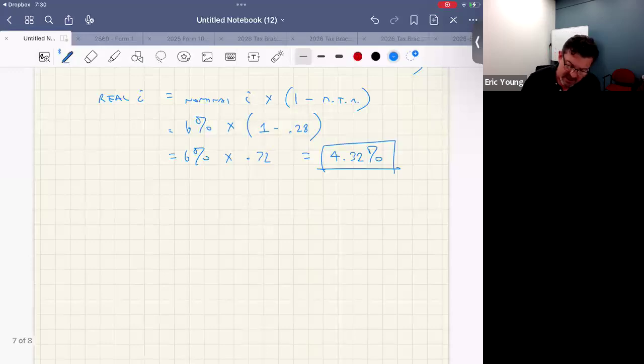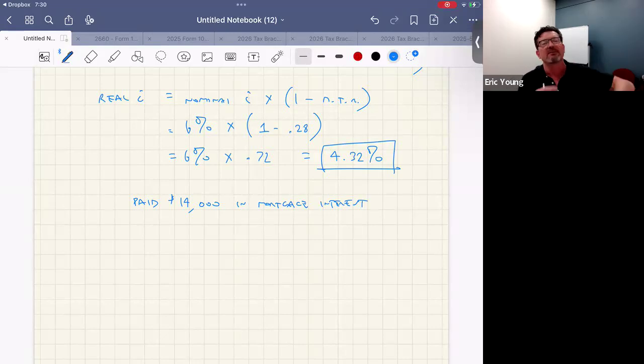Let's suppose that this year you paid $14,000 in mortgage interest. So you have a nice house. We've learned how to run these numbers. You paid $14,000. You're thinking, damn, I'm paying a lot of mortgage interest. And you are. We know it's a big number. But we have to be tax smart, like this.